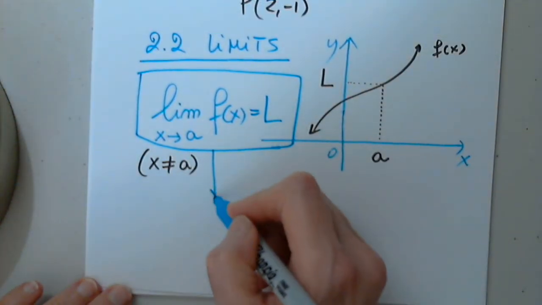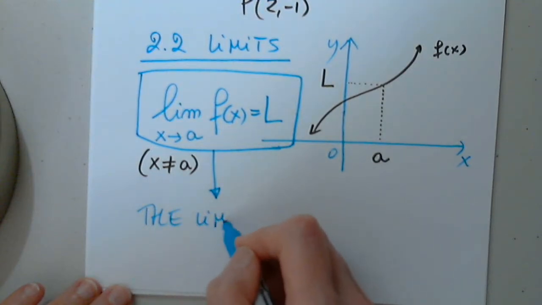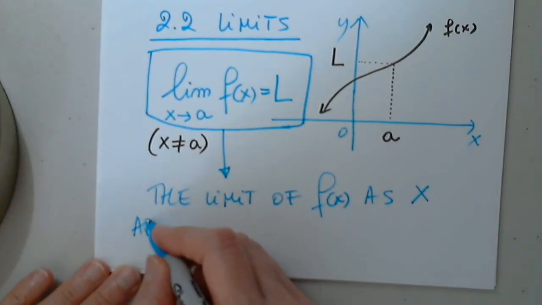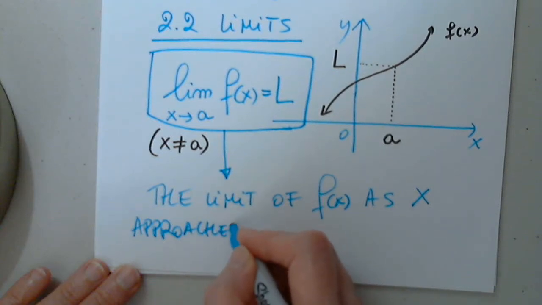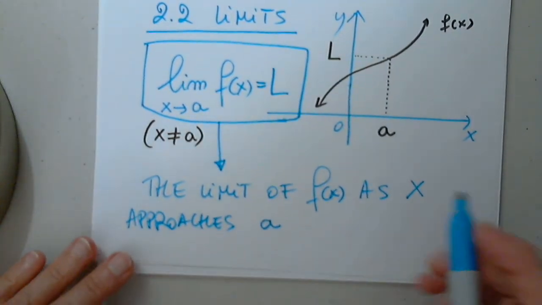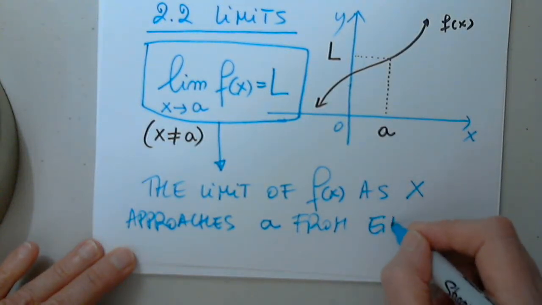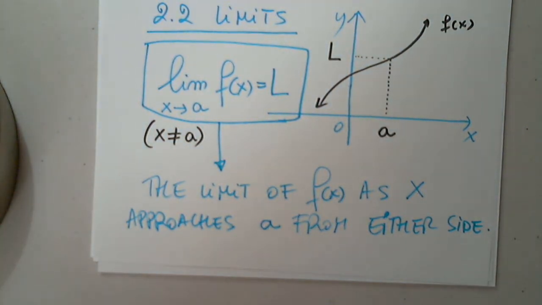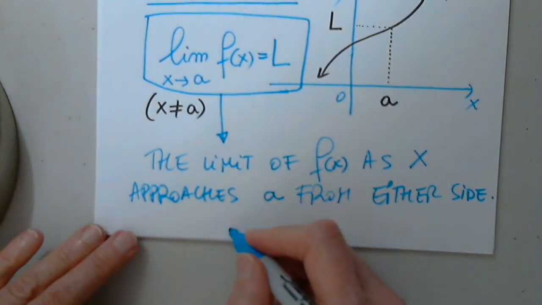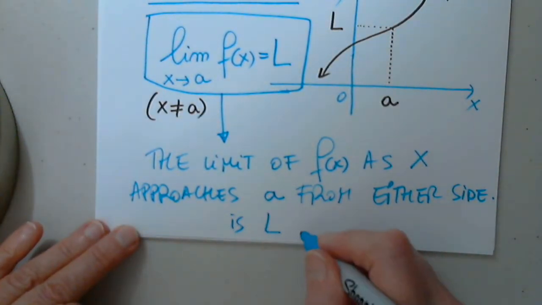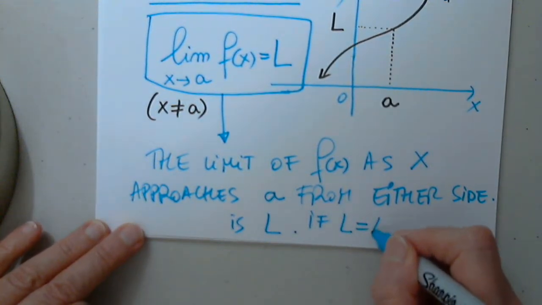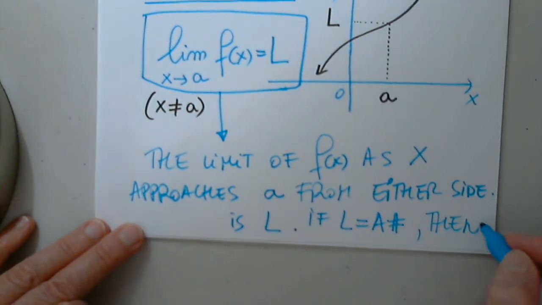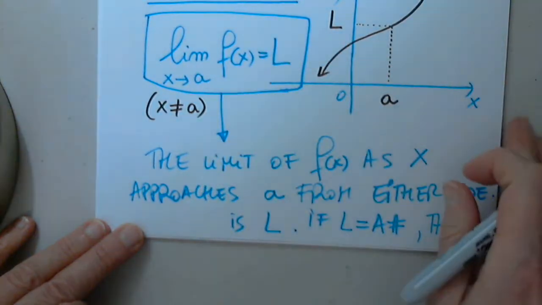Okay, how do we read this? The limit of f of x as x approaches A from either side is L. If L equals a number, not infinity, then the limit of f of x exists.